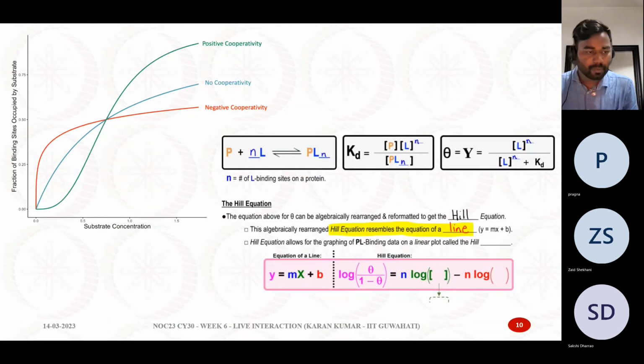Now coming to the kinetics of hemoglobin and myoglobin binding. You have studied hemoglobin and myoglobin.